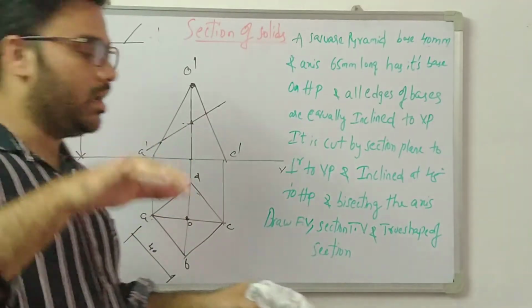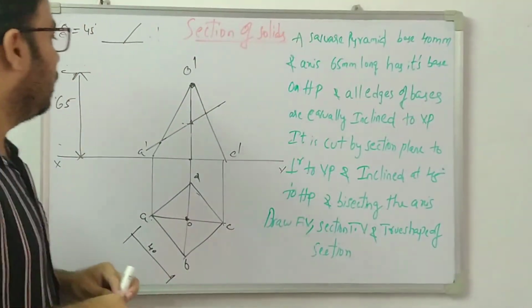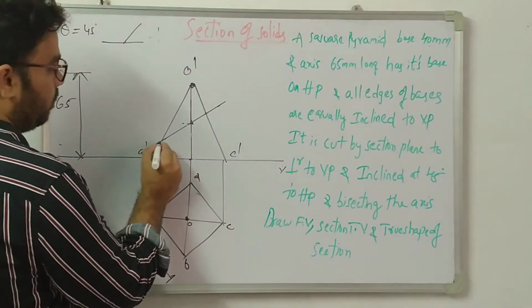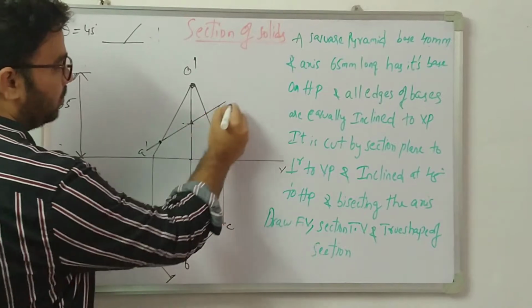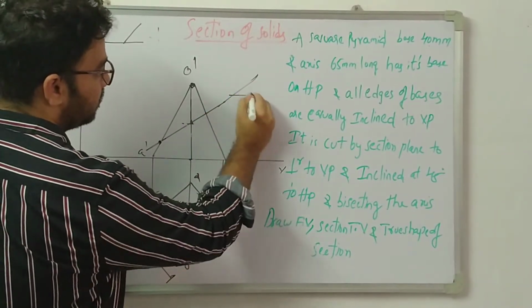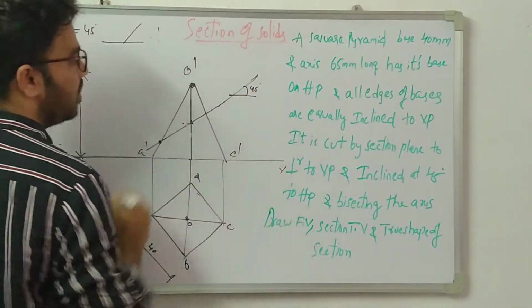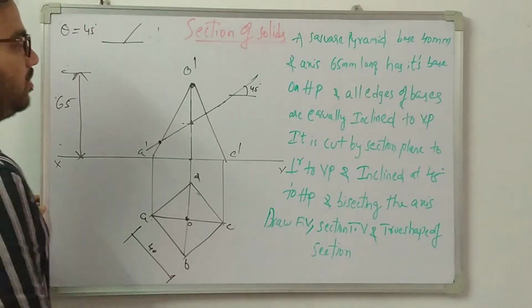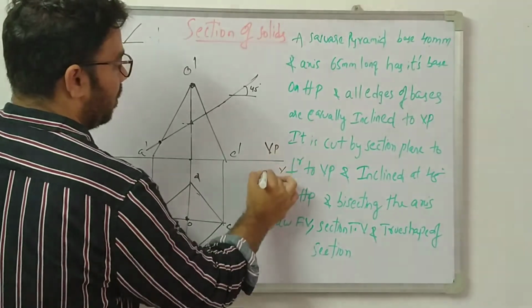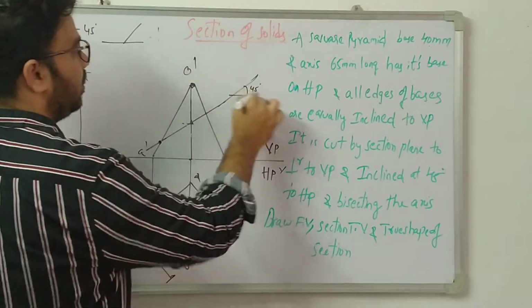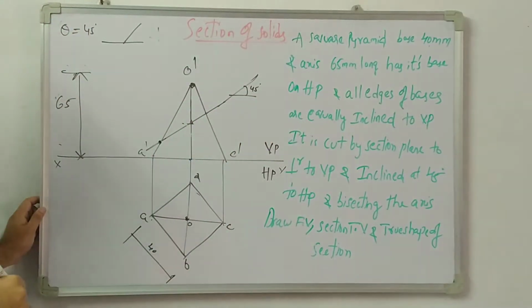With respect to the horizontal line, I drew a 45 degree line. So the cutting edge is passed like this. What is this angle? 45 degrees with respect to HP.